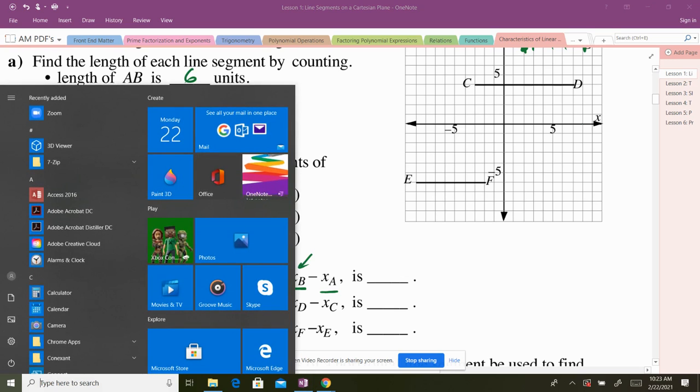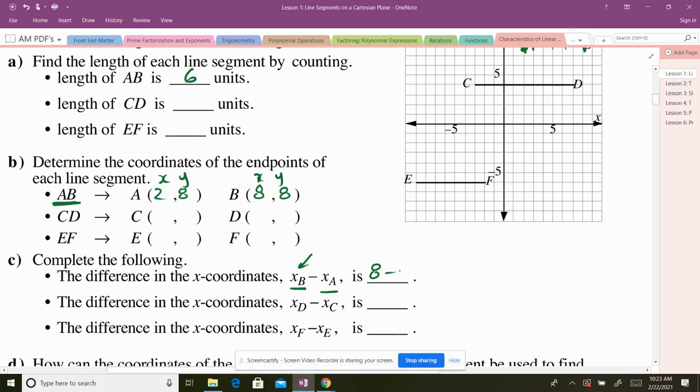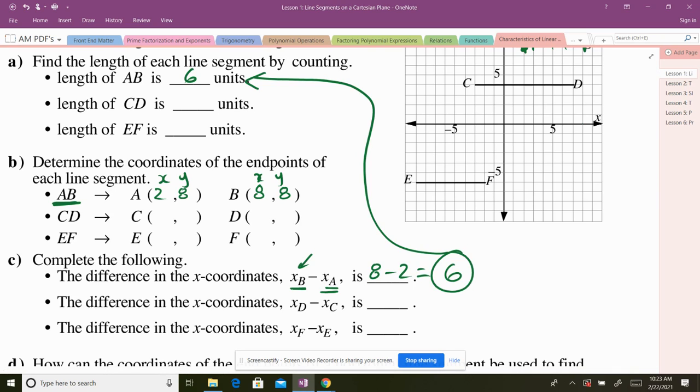So 8 minus the x coordinate of A, which is 2. What does that equal? Which is the same as 6 units at the beginning. So if you want to know the length of a line segment in the horizontal, subtract the x coordinates.